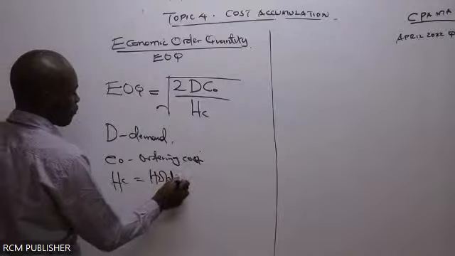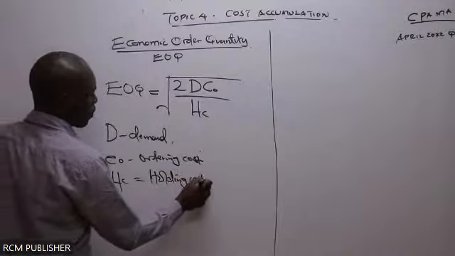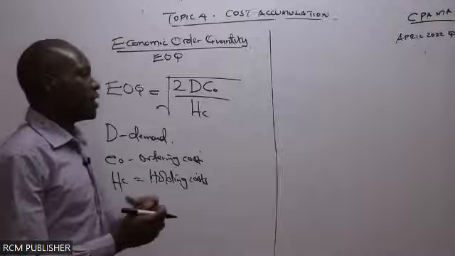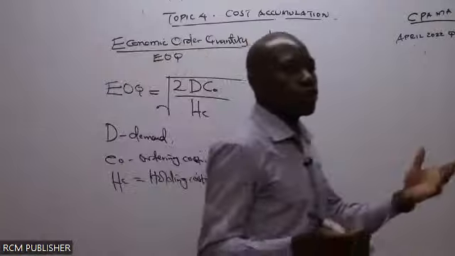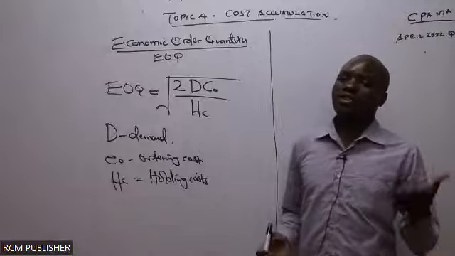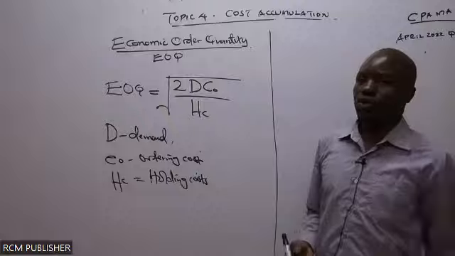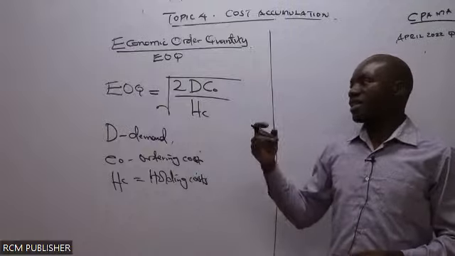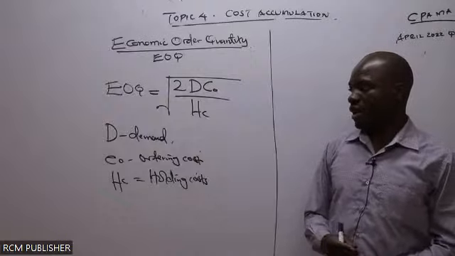holding costs. So some of you may go to the exam room and find that the term holding cost is not given in any question, but instead the examiner has used what we call carrying cost. So you have carrying cost, you have ordering cost, you have purchasing price, but then you are being asked to do what?